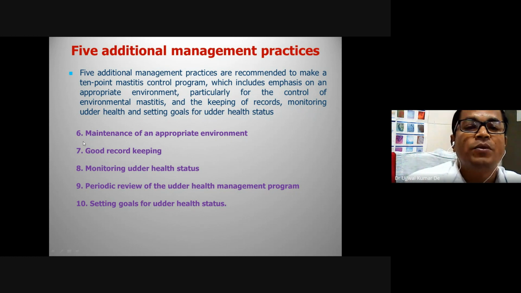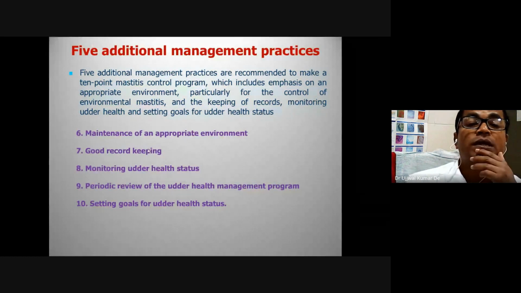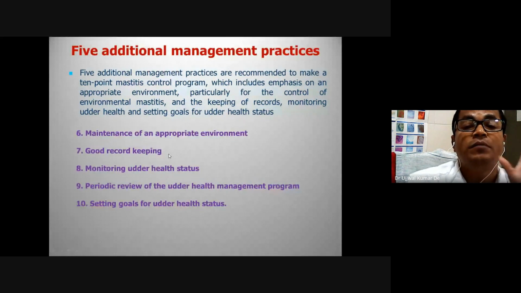So additional 5 points: maintain the appropriate environment. Good record keeping. Good record keeping means recording animals' mastitis and production rate. High-producing animals have more chance of mastitis. Or what is the frequency of mastitis? What if the animal suffered from earlier mastitis? Then monitoring of udder health status, whether immunity is proper or not.